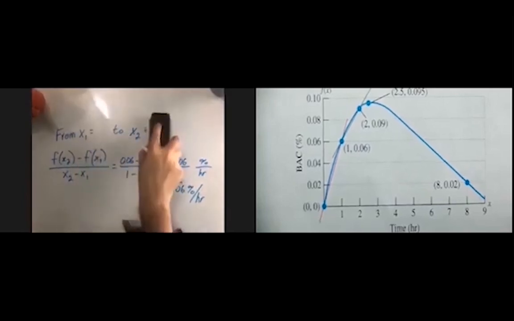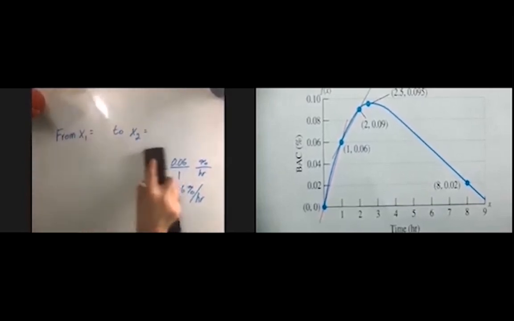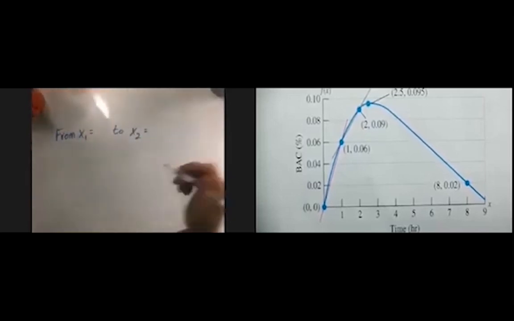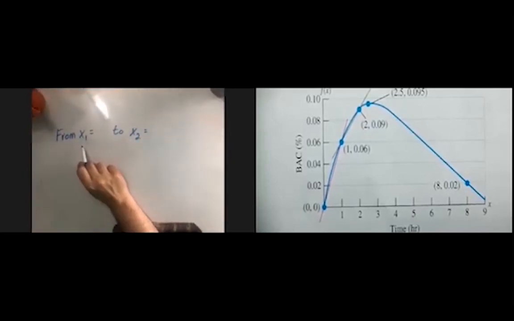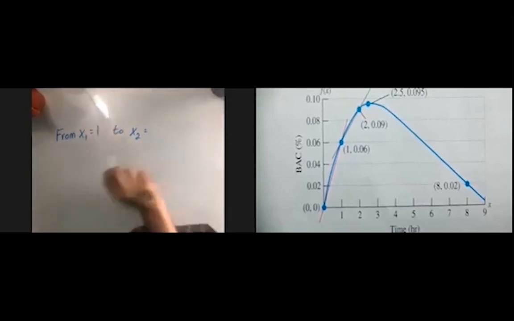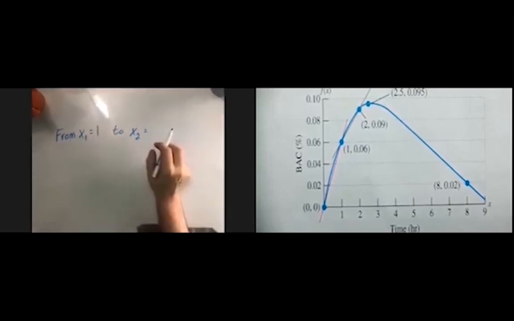Let's do it again. Let's find the average rate of change, this time from x1 equals 1 to x2 equals 2.